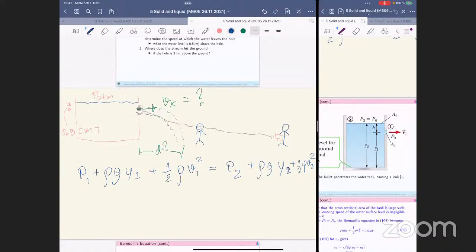Even though it is 0.5 meter under the water level, we assume that P1 is approximately equal to P2, and it's equal to P_atm. The air pressure is approximately the same for both locations, so we don't need to take this term into account at all, since both are equal to each other.